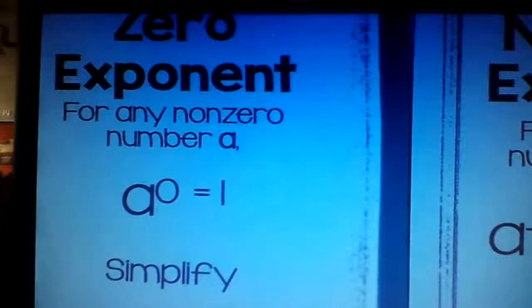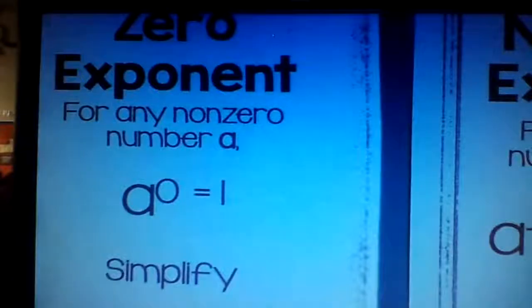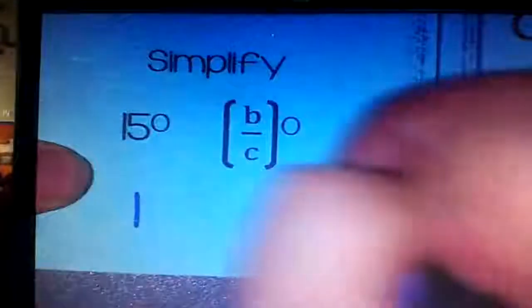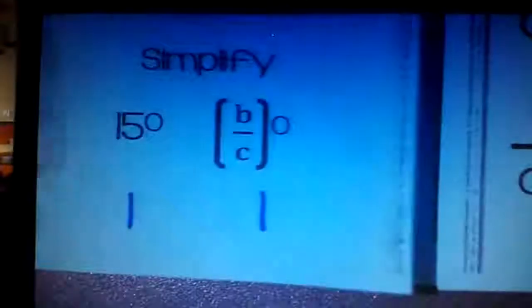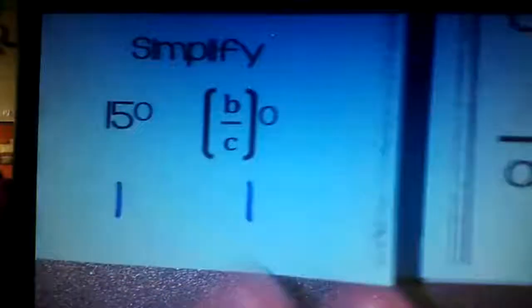So a raised to the 0 power is 1. 7 raised to the 0 power is 1. So both of these answers down here are 1. Anything that I raise to the 0 becomes 1.